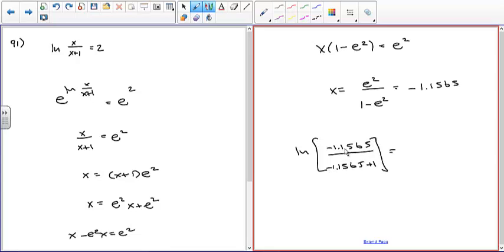So you're going to get a negative in the numerator and the denominator, so it ends up being positive. The natural log of 7.3899. And you get 2, which is the right answer.